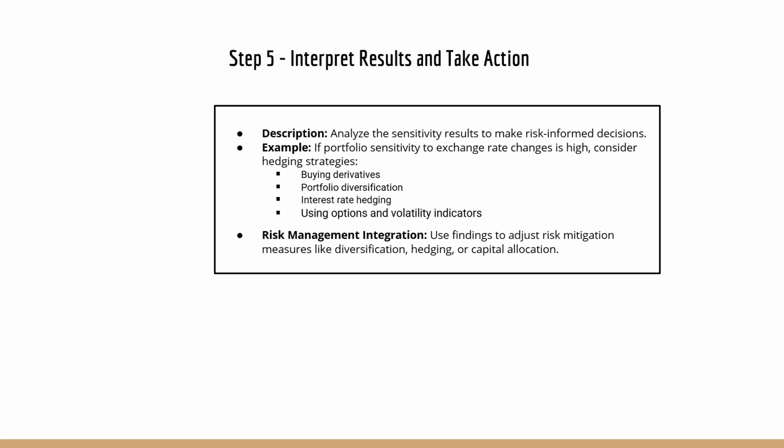If portfolio sensitivity to exchange rate, for example, is high, consider hedging strategies. Some of the hedging strategies might be buying derivatives. You can perform portfolio diversification, interest rate hedging, or even use options and volatility indicators. During these steps, use your findings to adjust your risk mitigation measures and strategies like diversification, hedging, or capital allocation.